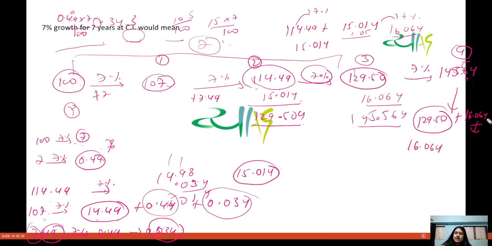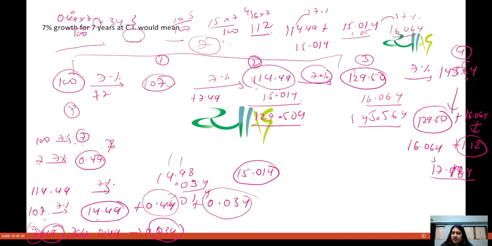What is 7% of this 16? 6 sevens are 42, and 4 gives 112. So 1.12, just add 1.12. So we are adding 1.12 and we get 17.184. Okay. So this is our which time?